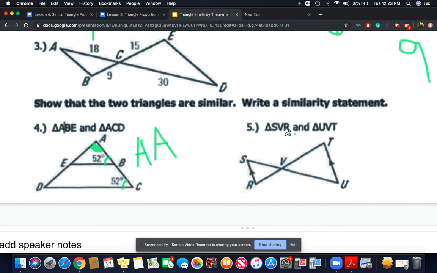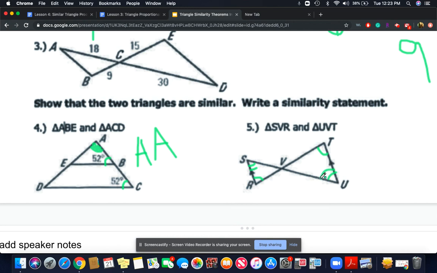And now the last one that I want to do for now, just because I think this video is getting kind of long, is I know that these two triangles have a pair of parallel sides. And it's a bow tie diagram. So here's what I know. I know that angle R and angle T are a pair of alternate interior angles. I also know that angle S and angle U are the same thing.